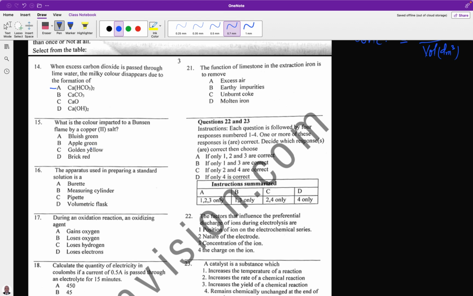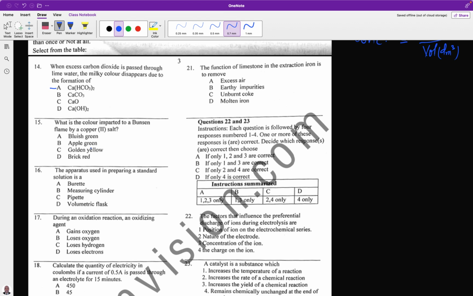All copper 2 ions will give that color. That is what copper 2 does.